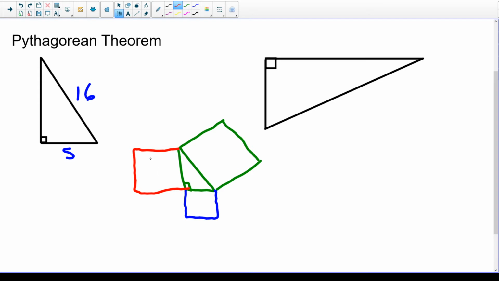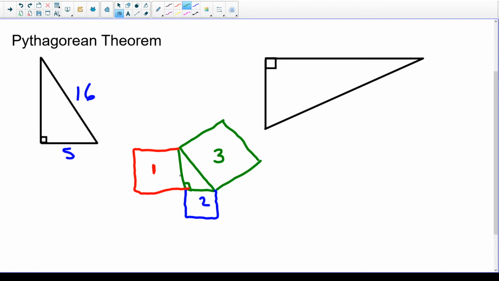What you'll discover is if you cut this square up and you cut this square up, that the area of both of these squares, the red and the blue one, will equal the area of the third square. All the time. And that works for every right angle triangle.